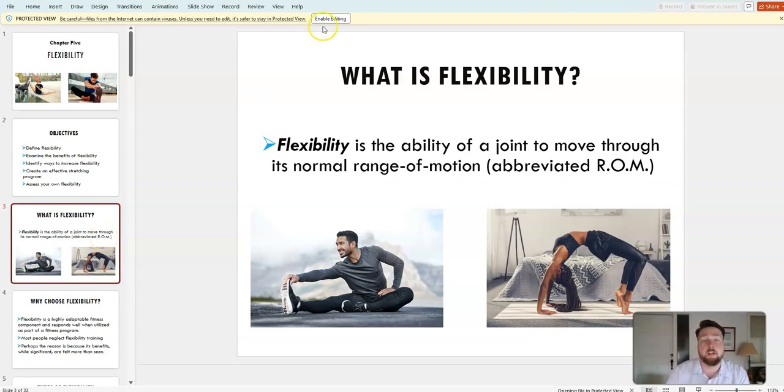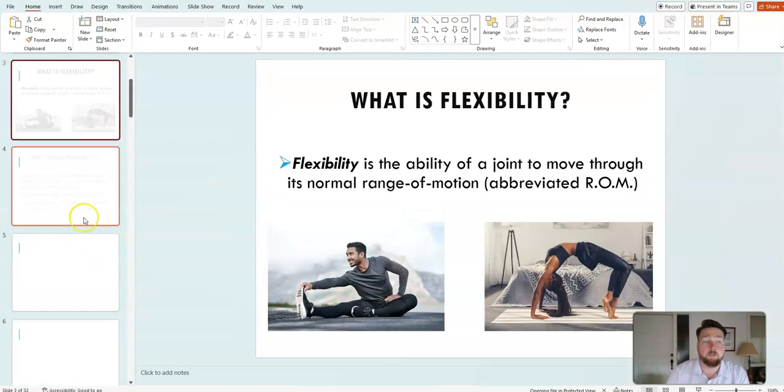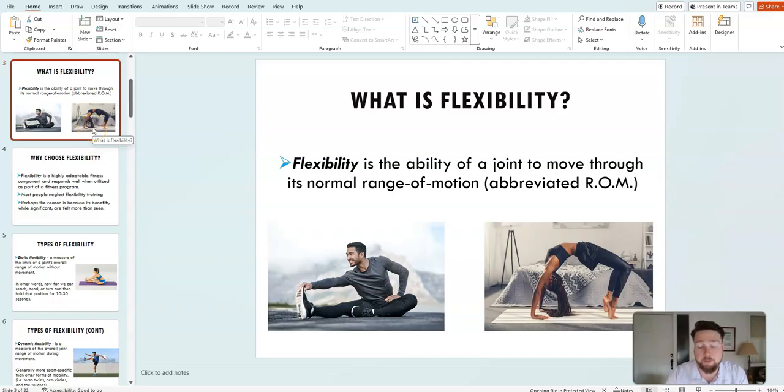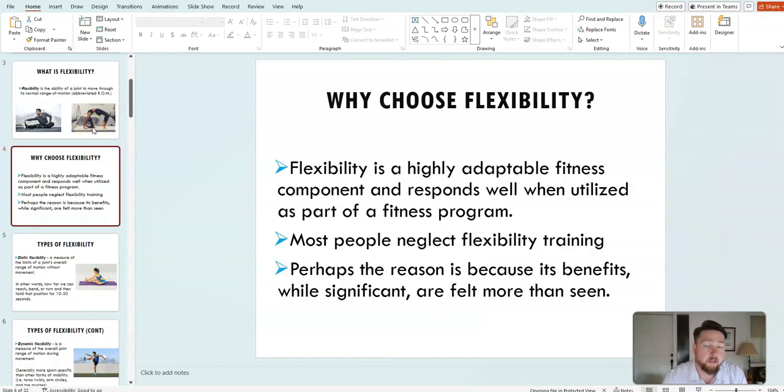Here are all the PowerPoint slides. You'll need to know the definition of flexibility, and understand that some people might not include flexibility in their workout routine. If I'm walking down the street and I see somebody that looks fit, that has some muscle mass but is not very large, then I know that they work out.